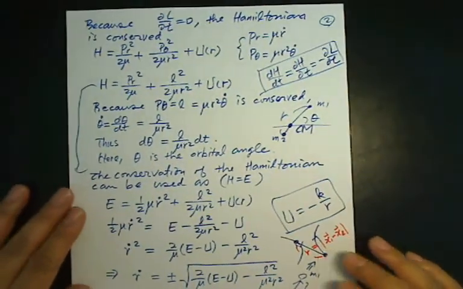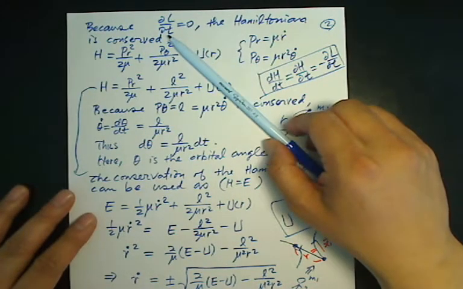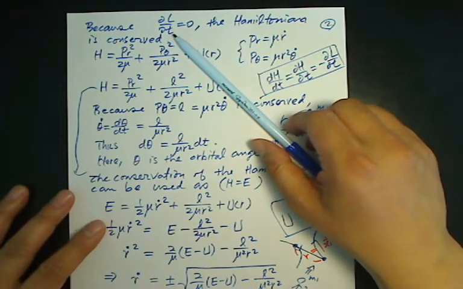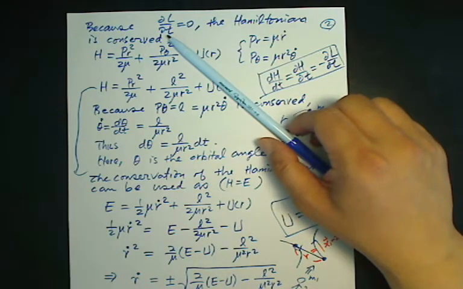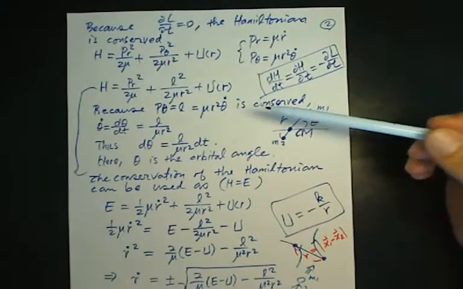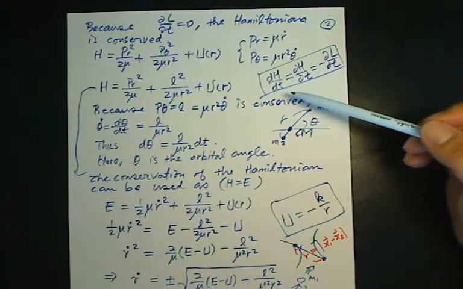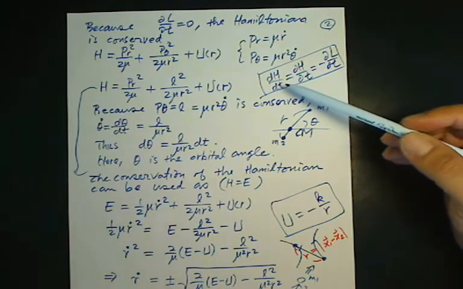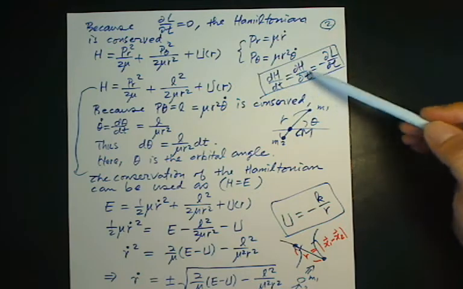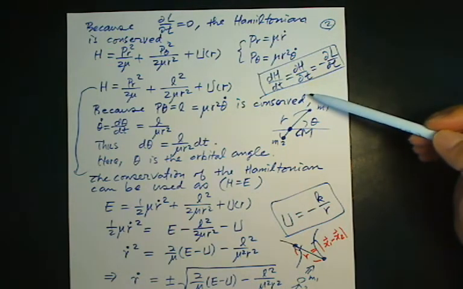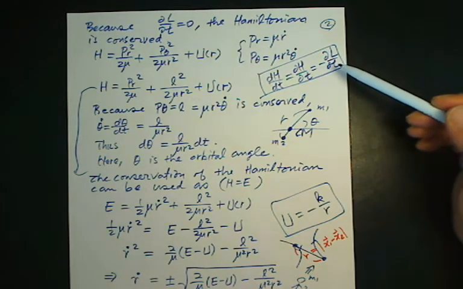Now, because the Lagrangian does not have an explicit time dependence, partial L over partial t equals 0. We recall that the second form of the Euler-Lagrange equation and Hamilton's equation states that the total time derivative of the Hamiltonian is the same as the partial time derivative of the Hamiltonian and is equal to minus the partial time derivative of the Lagrangian.